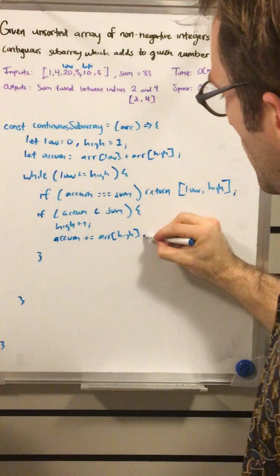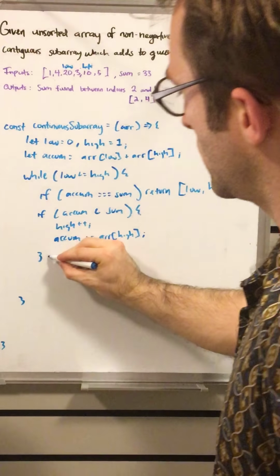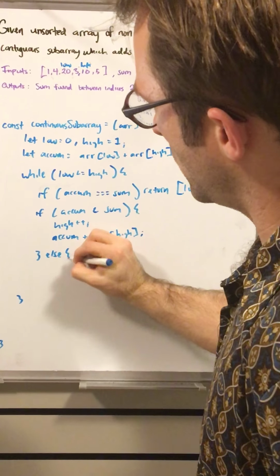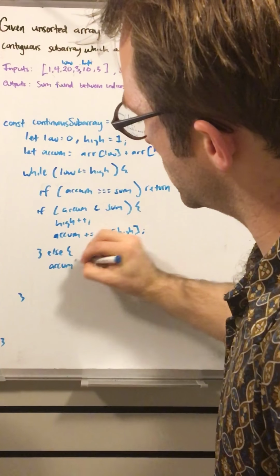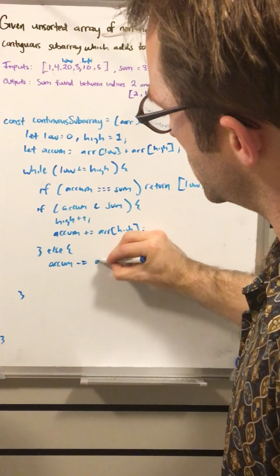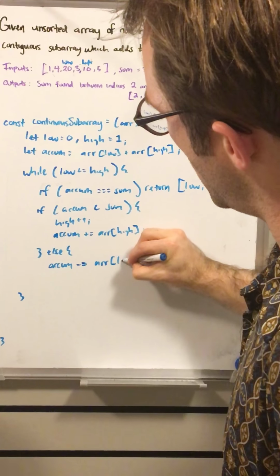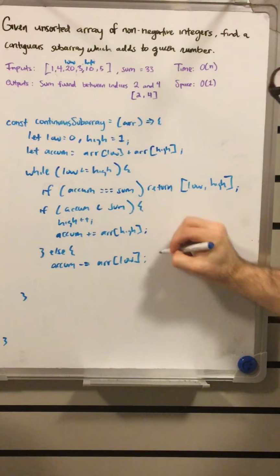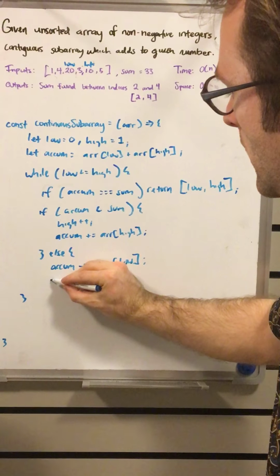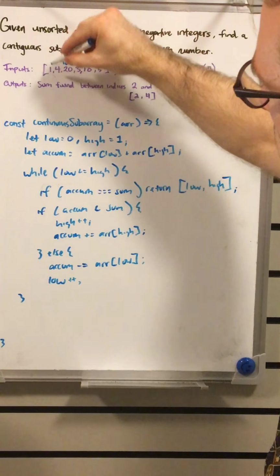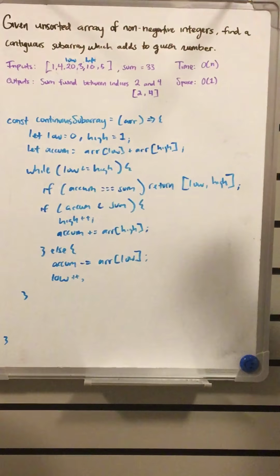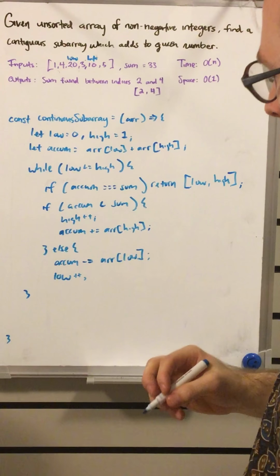Now, the reverse is true. If it's greater, we want to take away from the front. Minus equals the array at the current low, and now increment the low. So minus 1, and then move it up to 4, and the process continues.